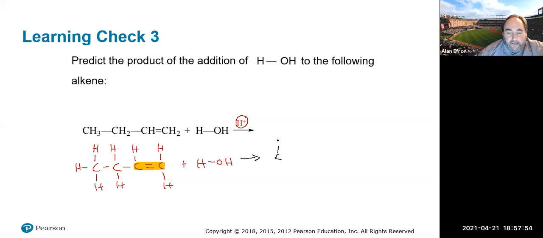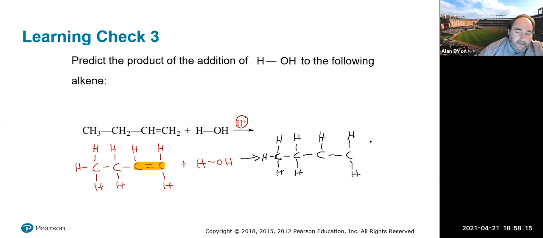So carbon, hydrogen, hydrogen, carbon, hydrogen, hydrogen, carbon, hydrogen, just like we did before. Now going to turn this into a single bond, carbon, hydrogen, and hydrogen.